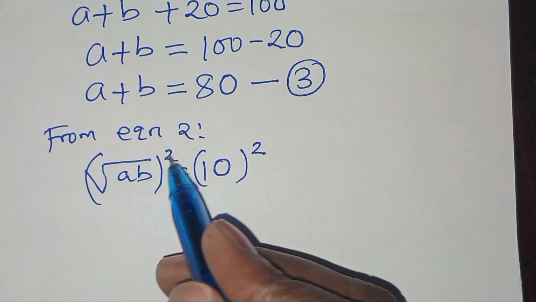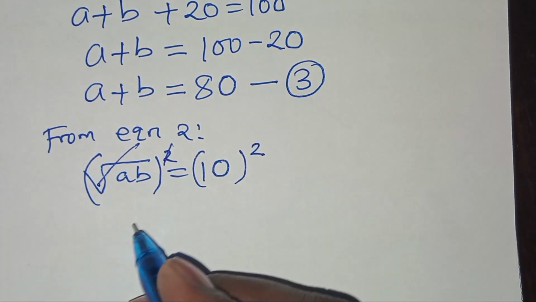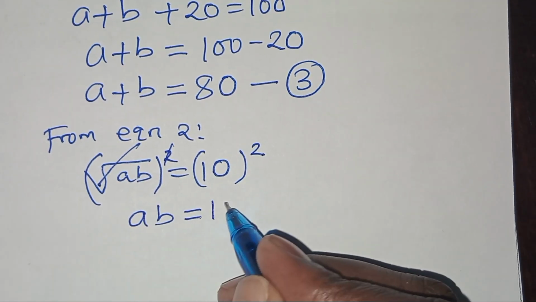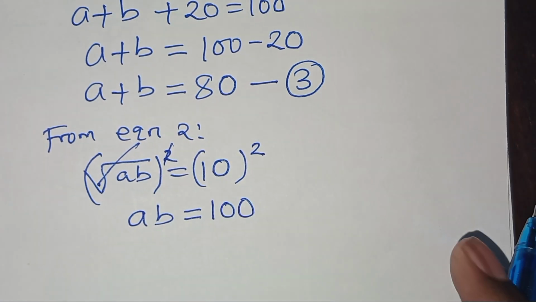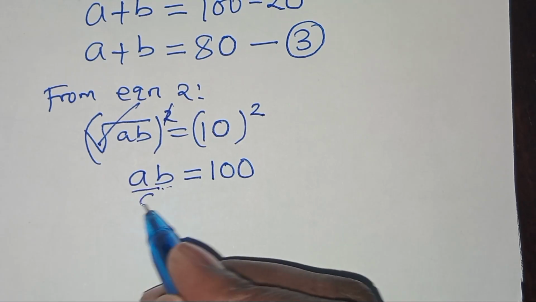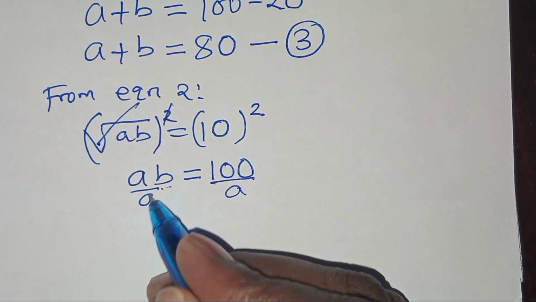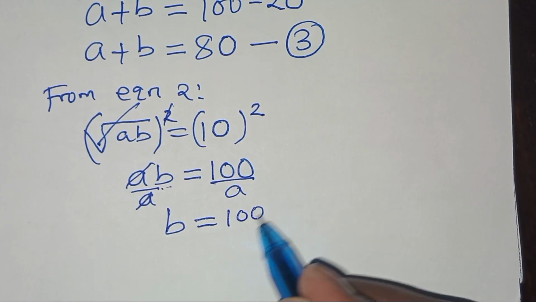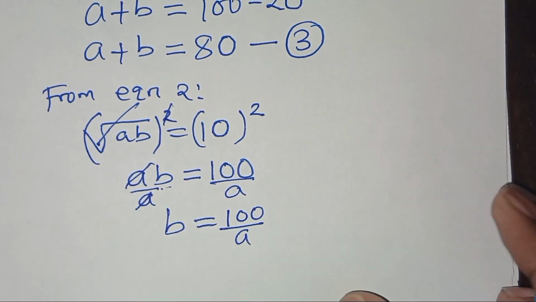So now, here we eliminate the square root sign. This means that a times b is equal to 10 squared, which is 100. So let's make b the subject of the formula. We divide both sides by a, and this implies that b is equal to 100 over a.